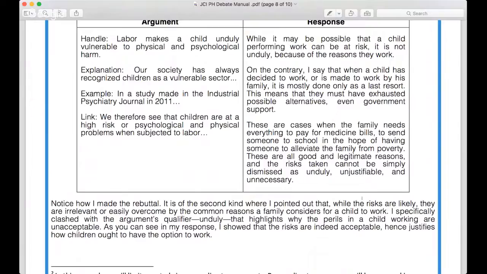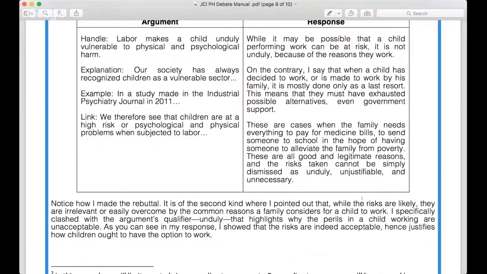Either the parents are unable to work, or even if the parents are working, it's not enough to sustain the family, or they have already exhausted all possible alternatives, even government support, that makes it necessary for the child to work for the family.